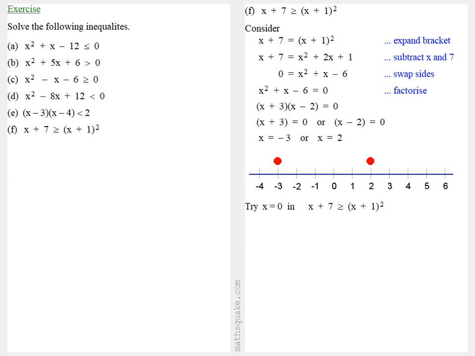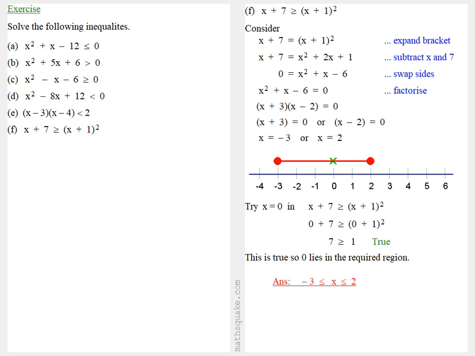Let's say, for example, try x equals 0 and substitute it into the original inequality x plus 7 is greater or equal to x plus 1 all squared. Now this gives us 0 plus 7 is greater or equal to 0 plus 1 all squared, or 7 is greater or equal to 1, which is true. Because this is true, 0 lies in the required region. And this gives us minus 3 is less than or equal to x, which is less than or equal to 2.